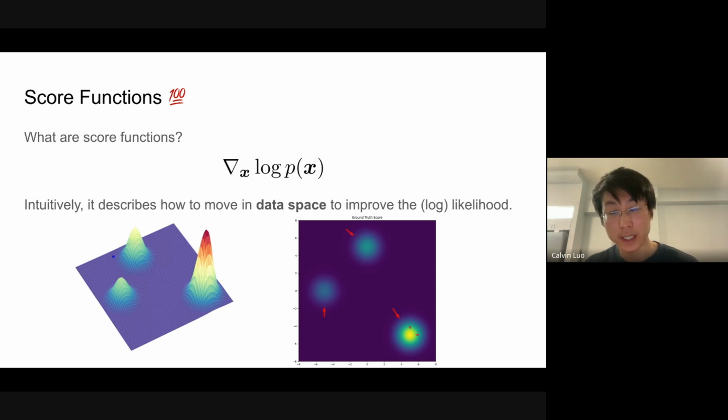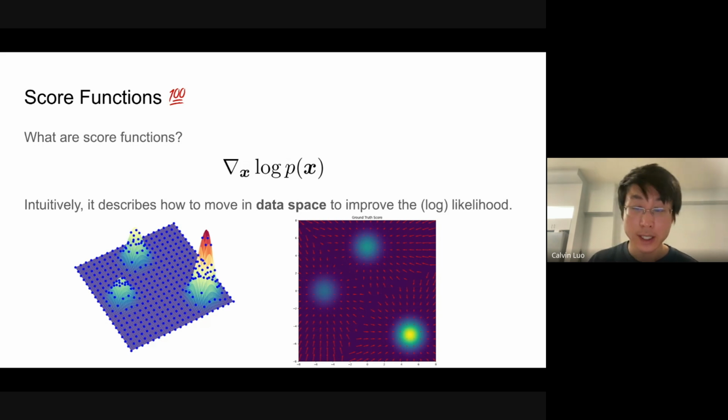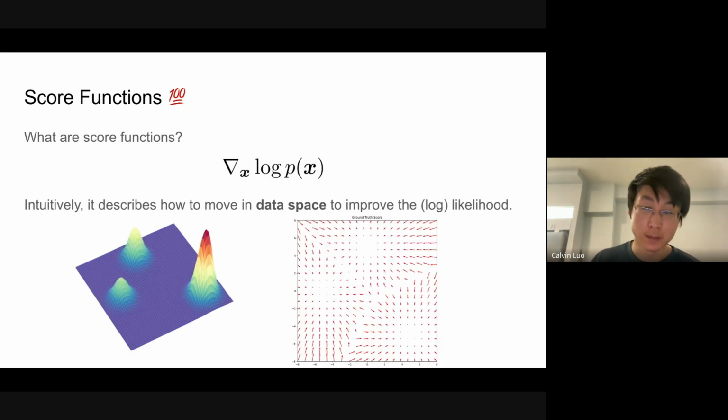Because it's defined for the entire space, we can visualize the score field by taking a grid of points and visualizing the arrows. We see that they all point towards the modes. We can just care about the arrows themselves.